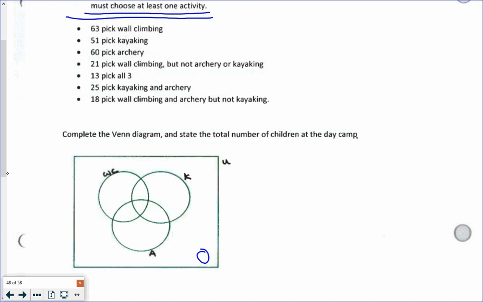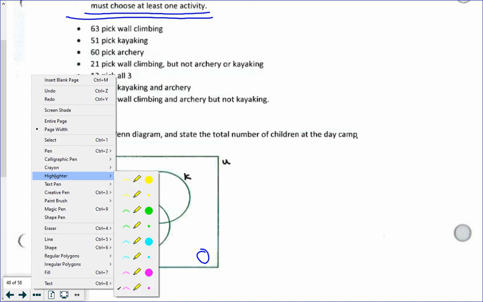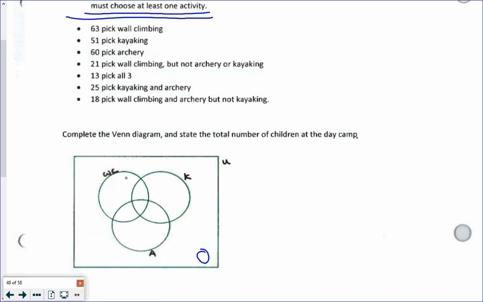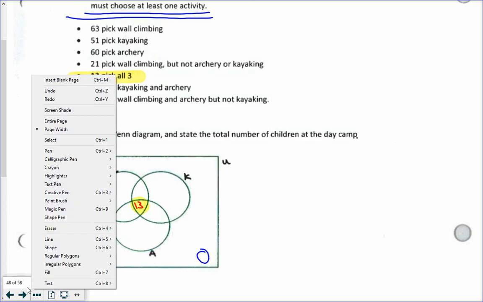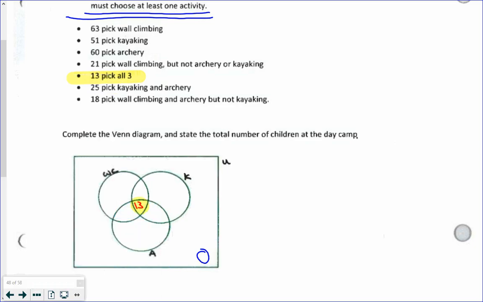Okay, so 3 circle Venn diagrams. Pause and ask yourself, what do I know? Well, what you know is that you start in the middle circle. So which one talks about all 3? 13. 13, pick all 3. The next section is this part right here.